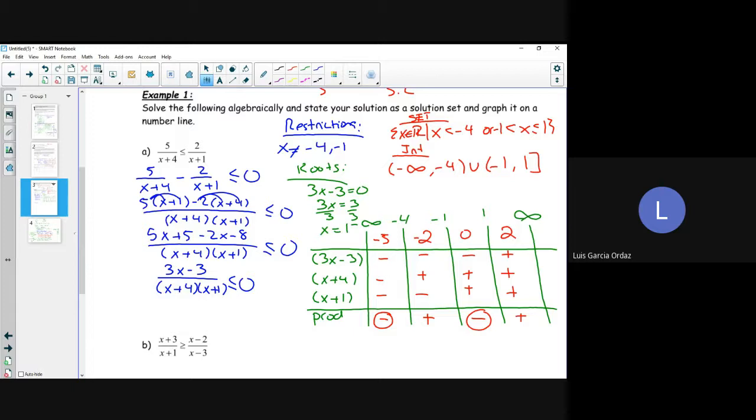Last but not least, we're going to represent it on a number line. So we have negative 1, positive 1, negative 4. Which numbers on the number line are going to have open circles?